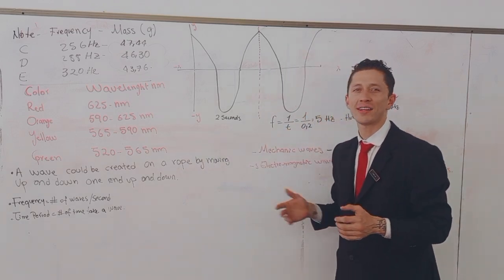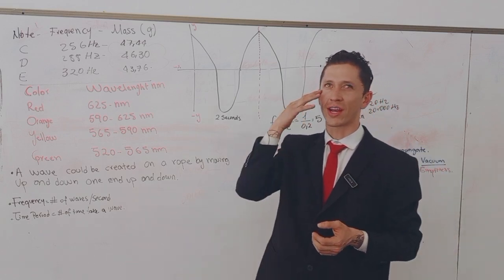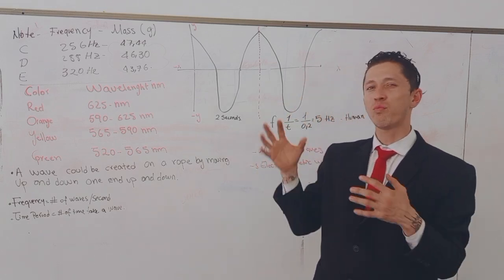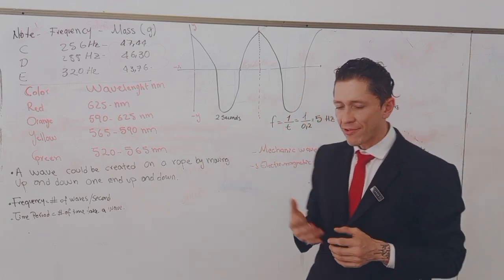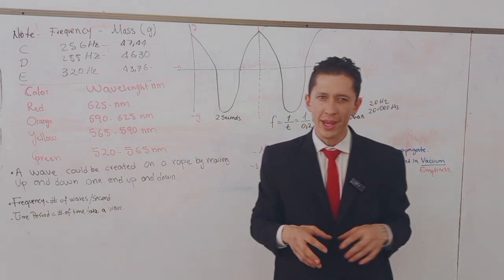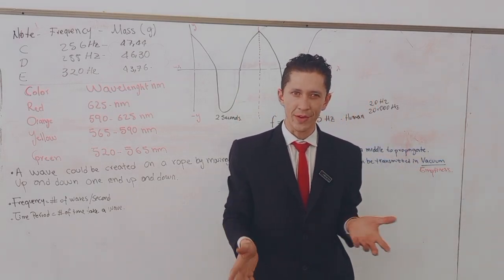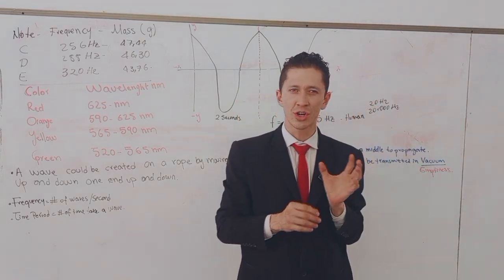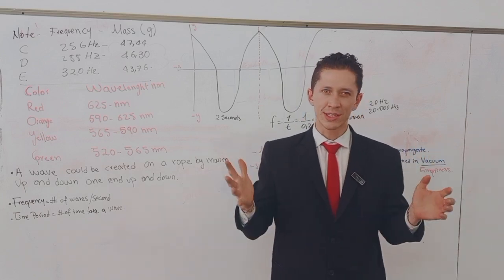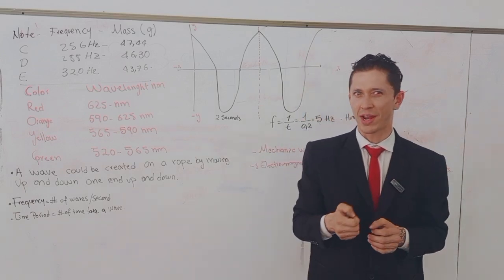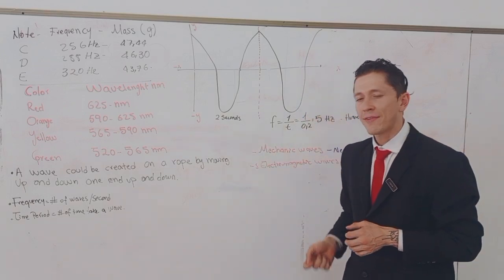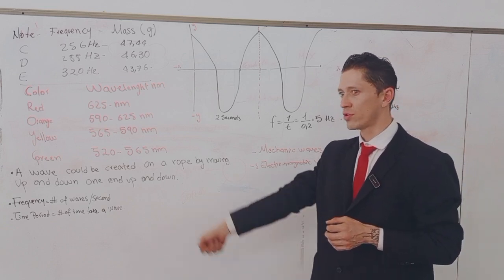So the first part that we gotta understand is the concept of a wave by itself. A wave is the product of a vibration, right? In the case of a mechanical wave, it is the product of vibration of the air around the thing that is vibrating. For instance, if I have a rope, I can produce a wave.